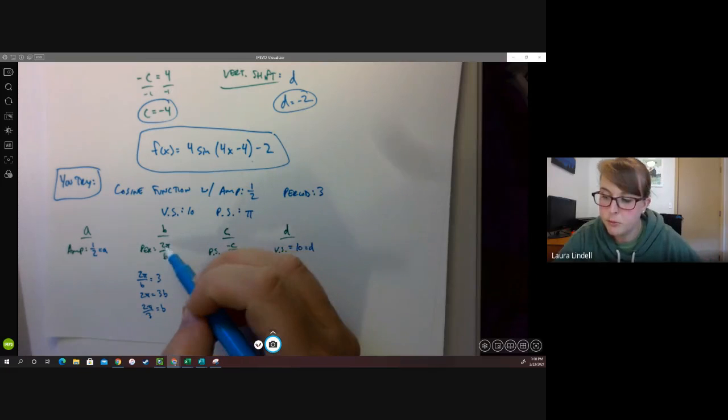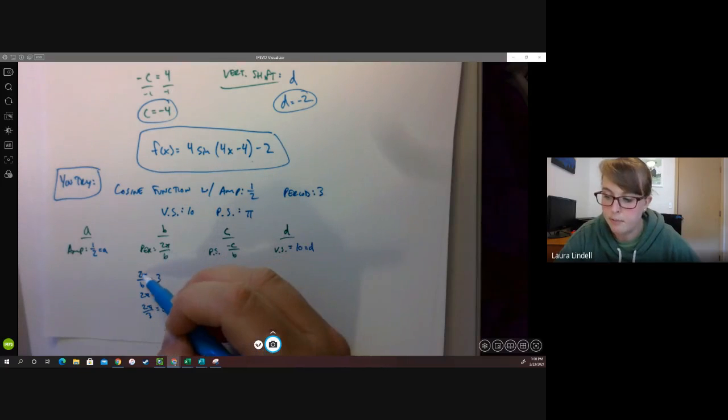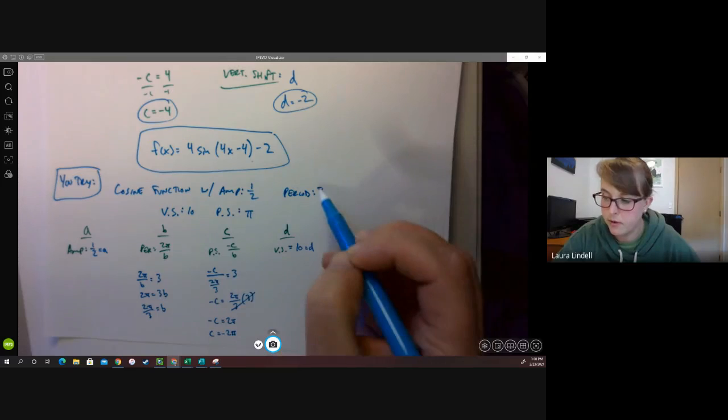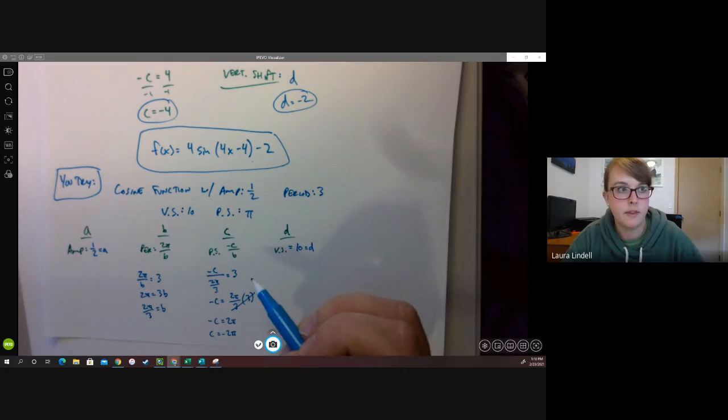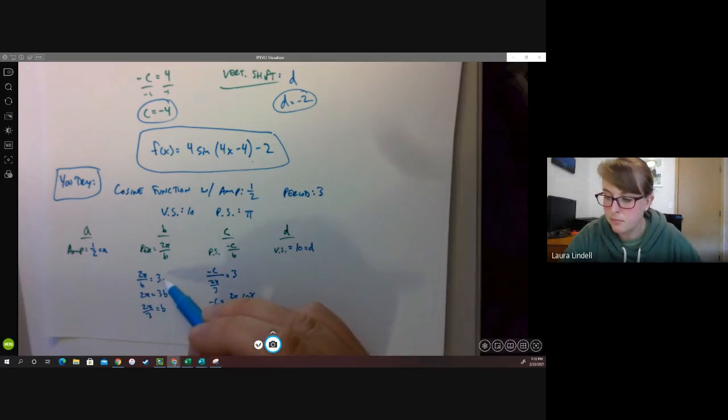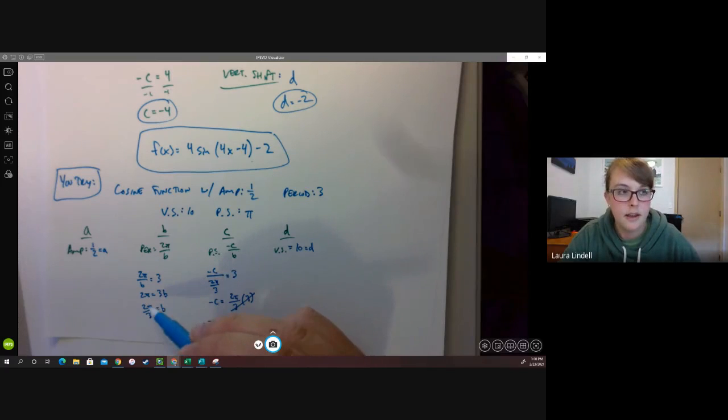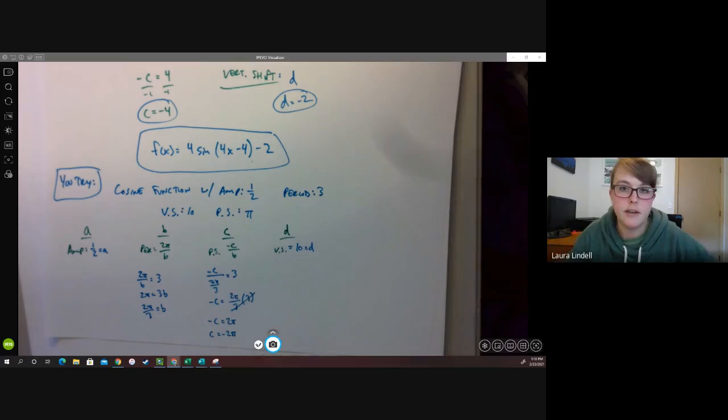The period was 2 pi over b. So that means that 2 pi over b is equal to 3 because we know our period's 3. So then you multiply by b on both sides and divide by 3 on both sides to get 2 pi over 3 for b. Now that makes finding c a little bit interesting just because you do have to deal with a little bit more in the way of multiplying and dividing with fractions and stuff like that.